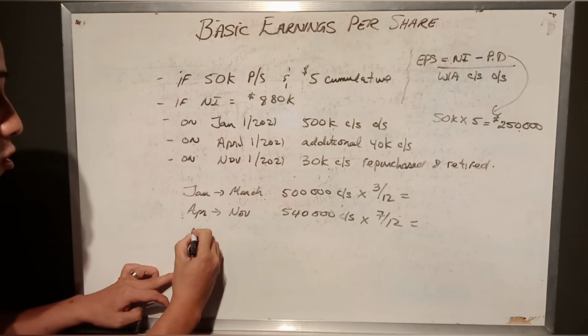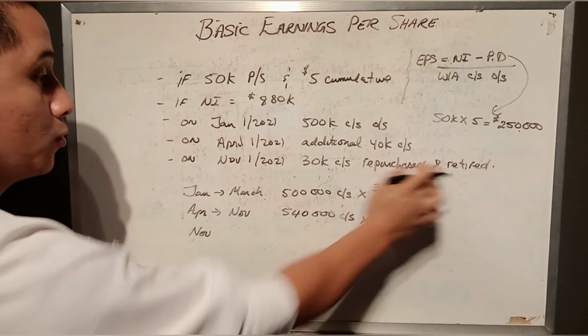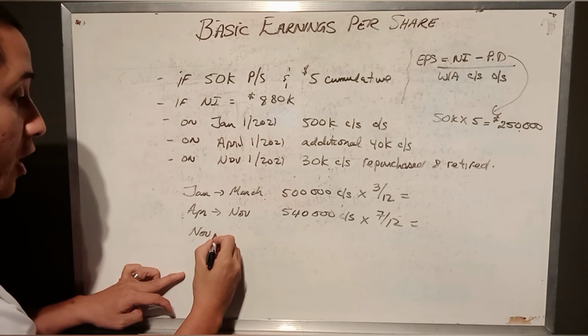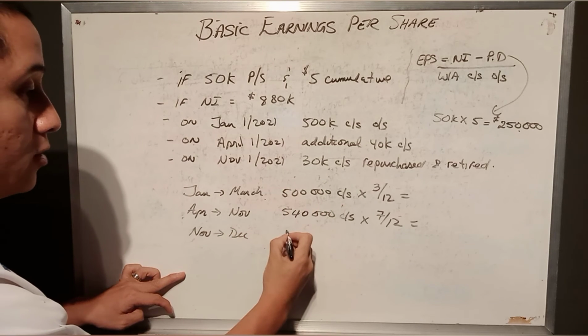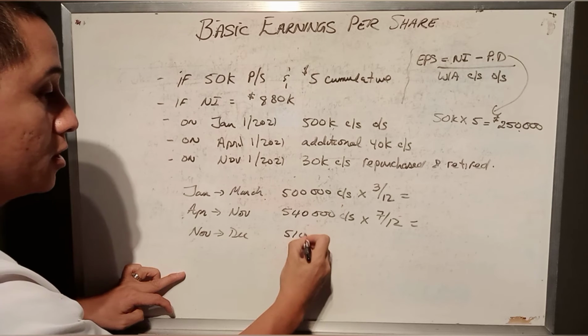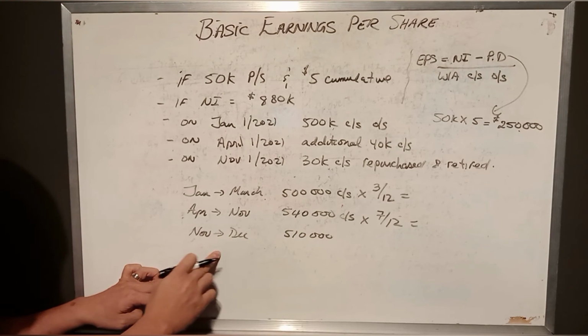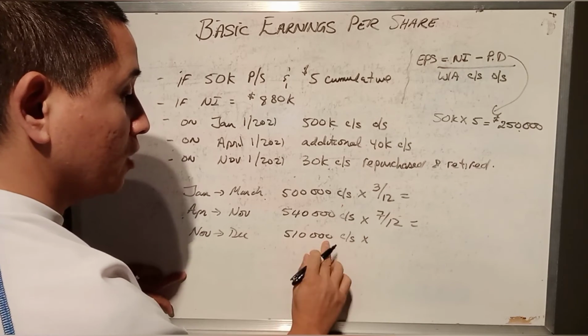And then in November, the company repurchased and retired those 30,000 common shares. So for November to December, these 2 months, the common shares outstanding would be 510,000.